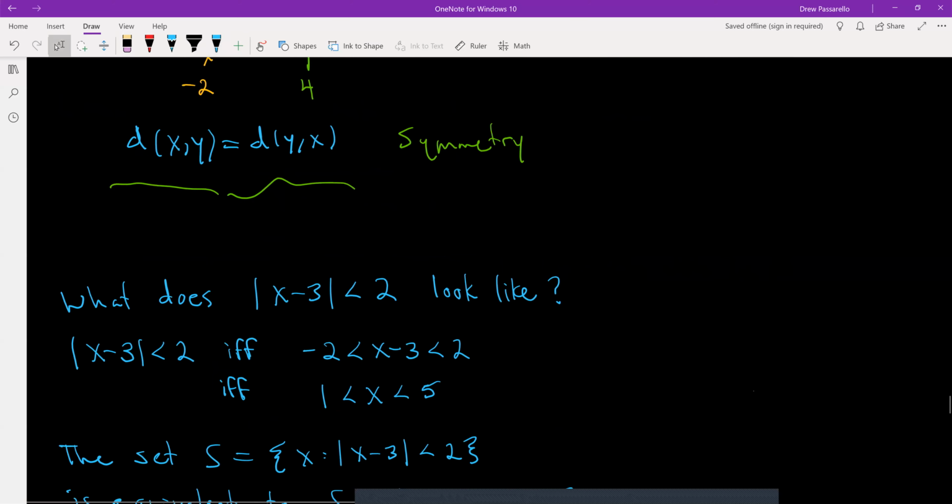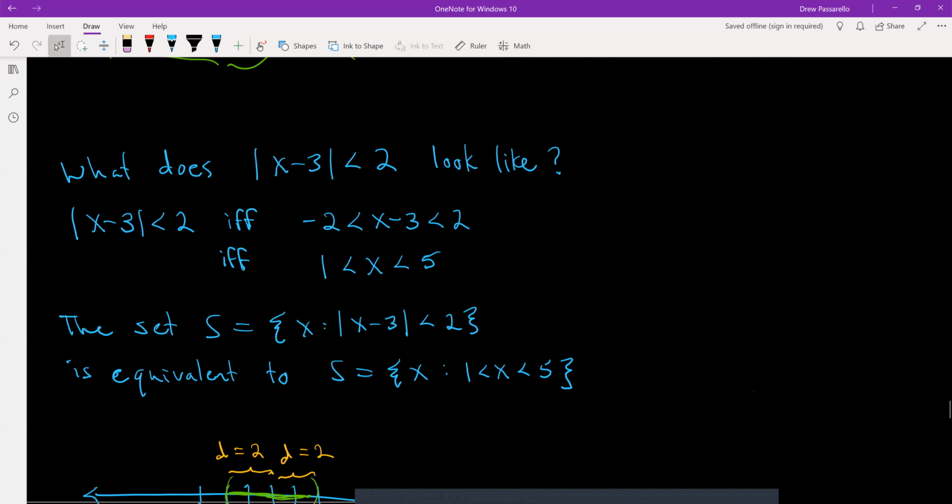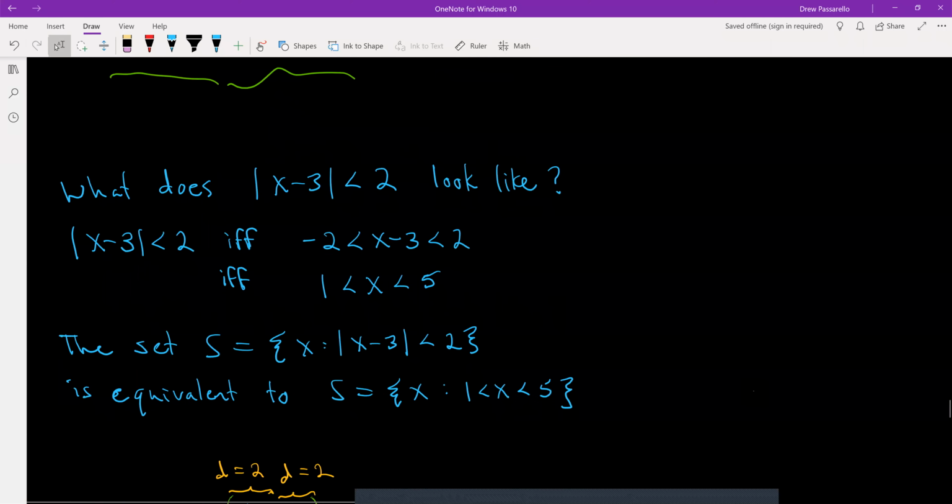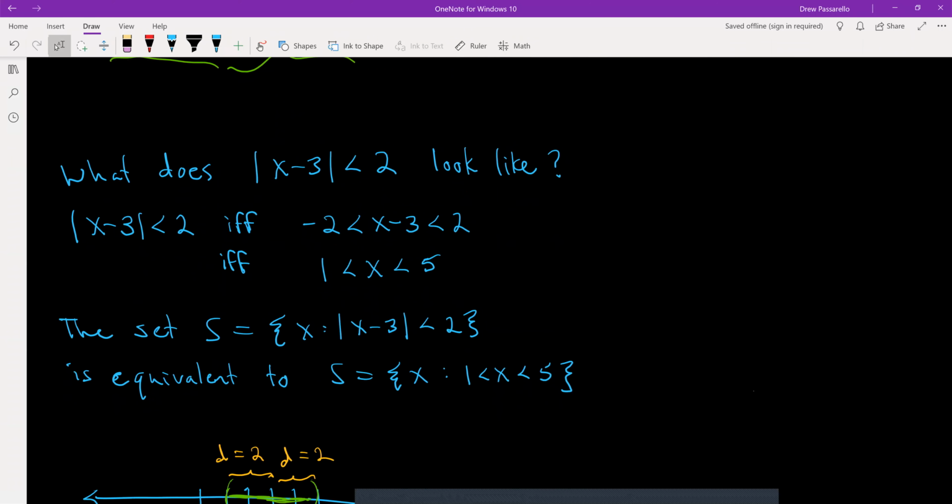All right, so as an example for inequality, what does the absolute value of x minus 3 less than 2 look like?